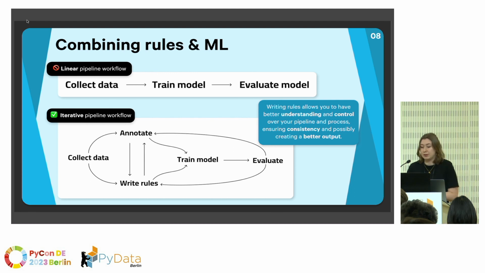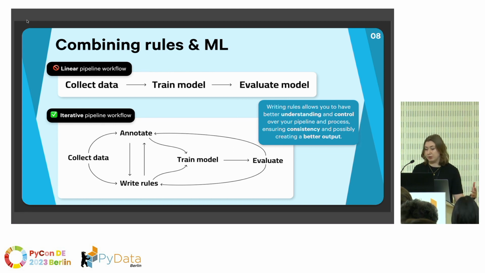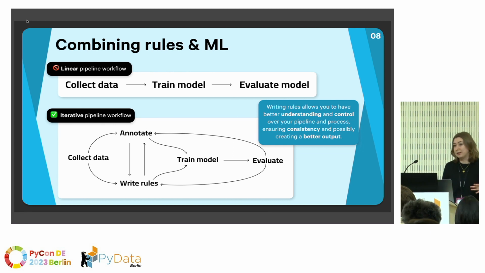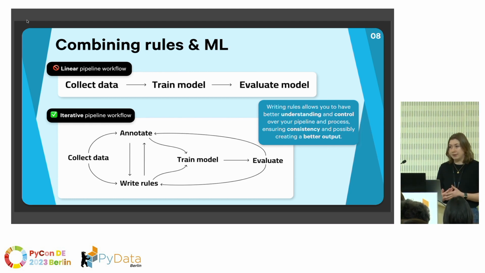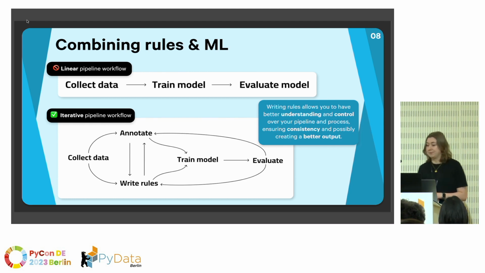When we're building machine learning pipelines, I think this is something we forget a lot. It's really important to understand every single part of the process, and that definitely includes your data. Because writing rules really requires you to understand what's being fed into your machine learning models in your entire project, it's a great way to ensure consistency, lay a good foundation, and ensure quality.